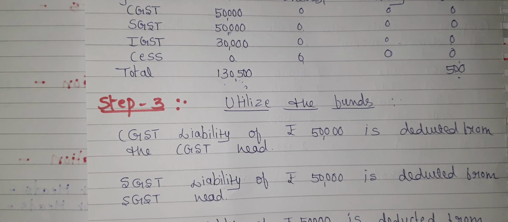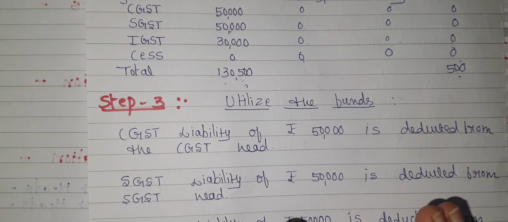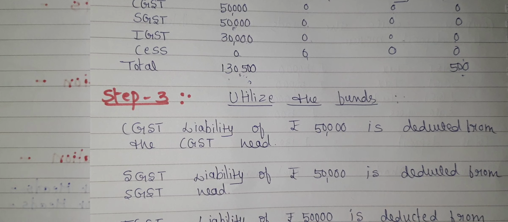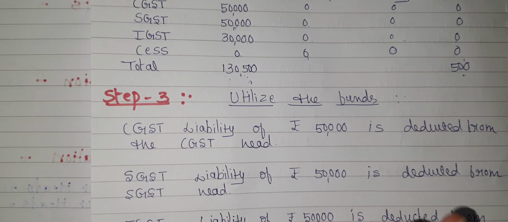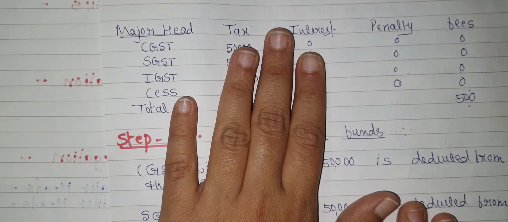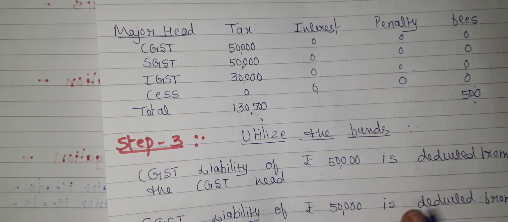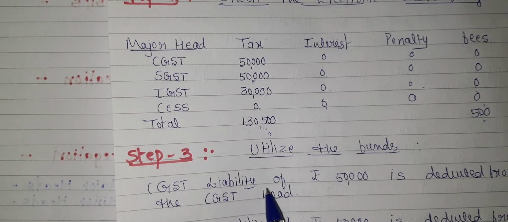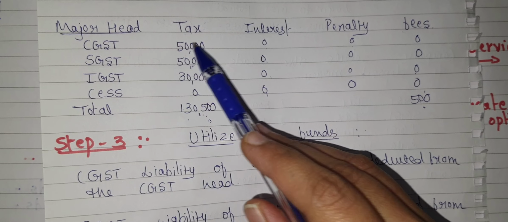Here, the company files the return and uses the ledger balance to offset their tax liabilities. Step three is utilize the funds. Here, CGST liability of rupees 50,000 is deducted from the CGST head.